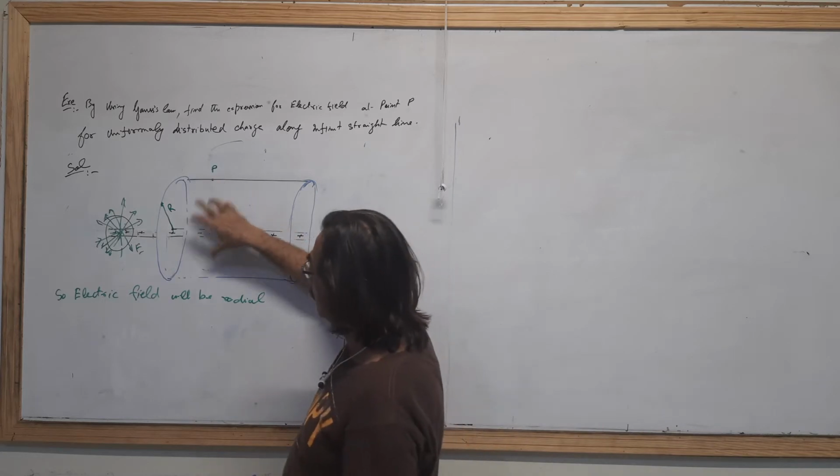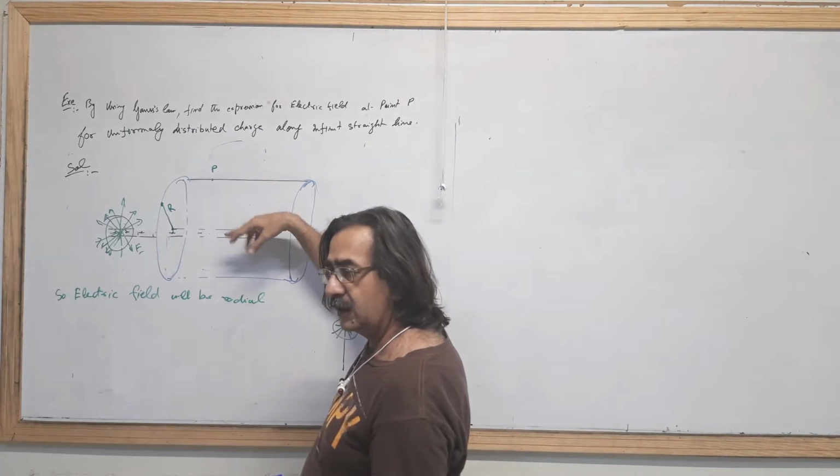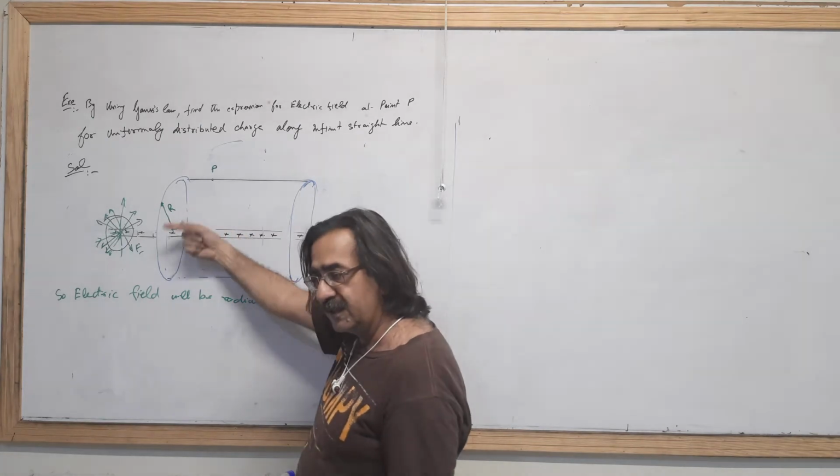If you see, all the field is radial and passes along all the circles.